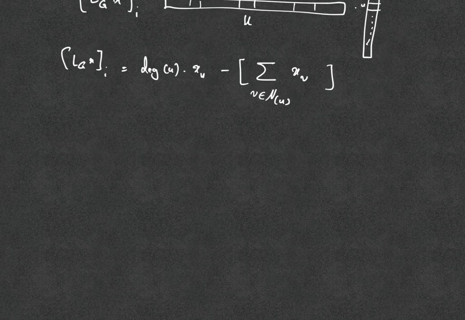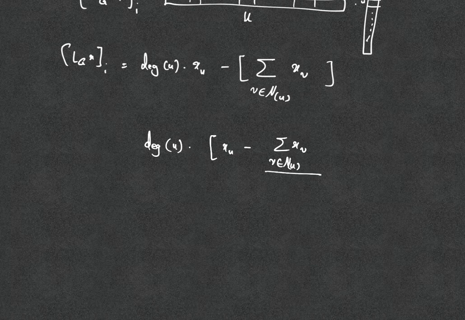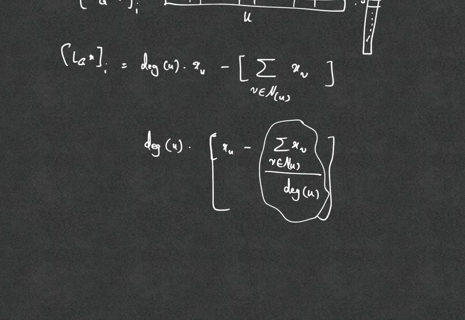Now if you factor out the degree of node u, you have the degree of node u multiplied by the value for node u minus the average value for a neighbor of u, because this is now divided by the degree of u. So here is the average of this attribute over the neighbors of u.